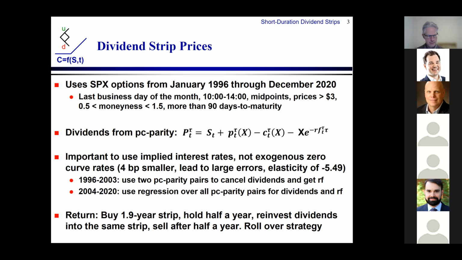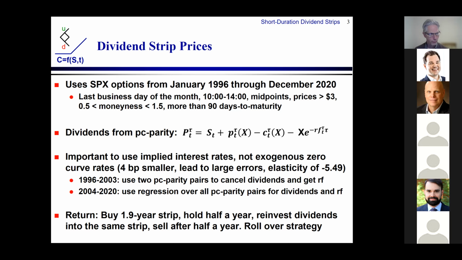All the dividends that are being collected while we are holding the security accrue to us over time. We reinvest them into the same strip, into the same security. And finally, we sell after that half a year.